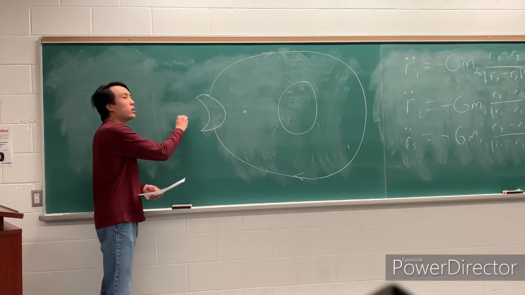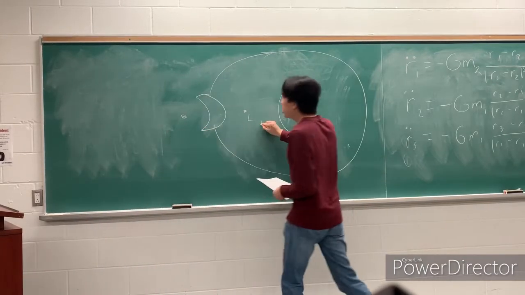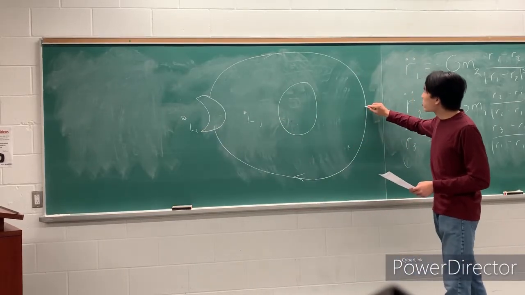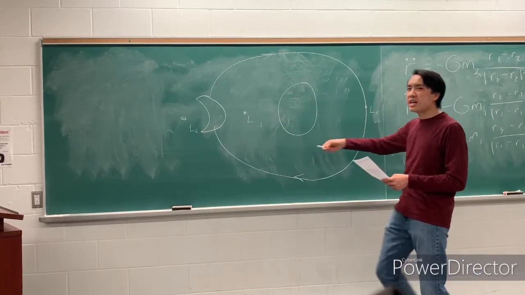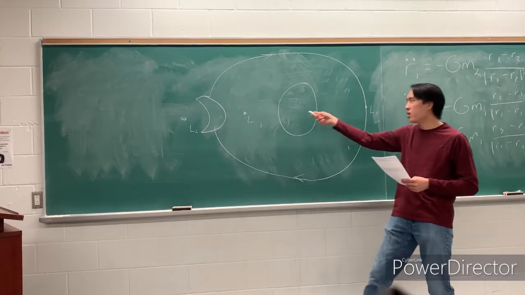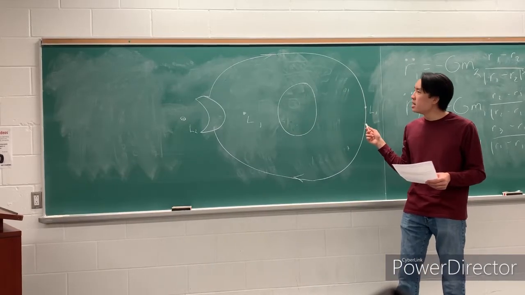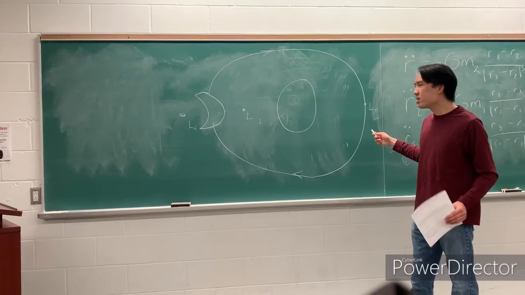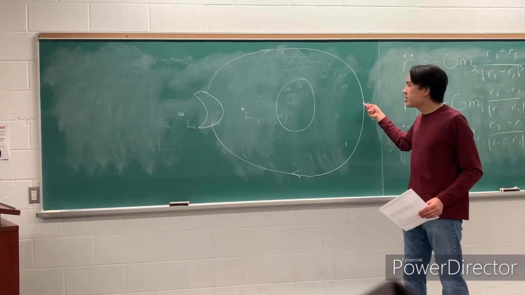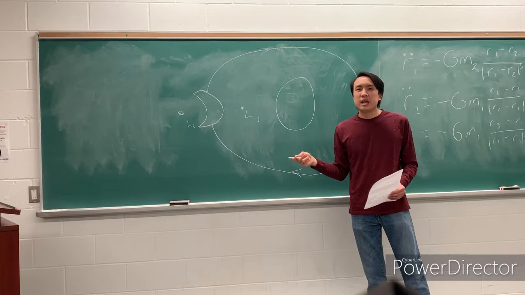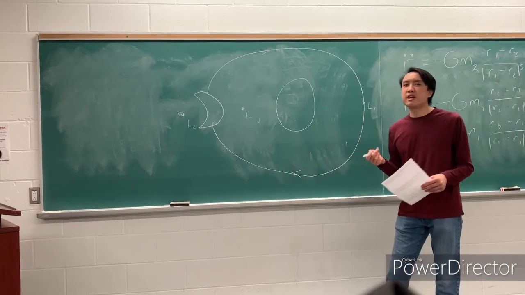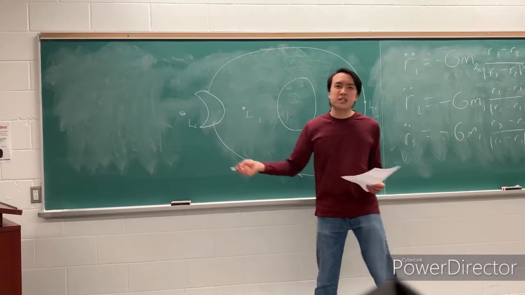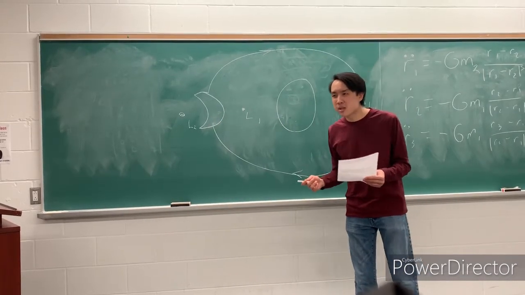Euler discovered 3 points, L1 here, L2 here, and L3 here, all lying along the line of the larger masses. However, these points are unfortunately unstable. If you try to put something at any one of these 3 points, over time it will eventually fall out of that point and into orbit around one of these objects, unless you make constant adjustments.